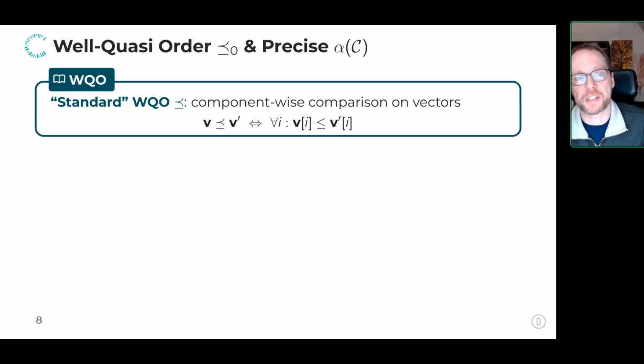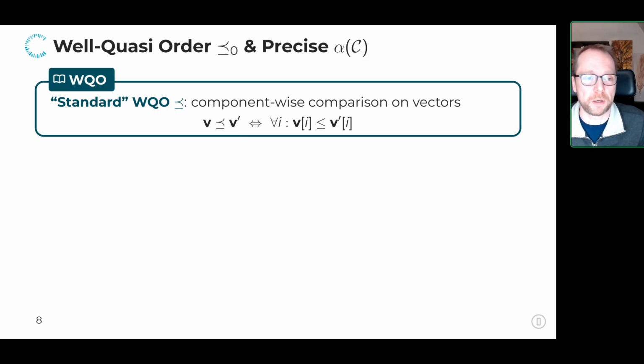And there is like a standard well-quasi order that says, well, a global state v is smaller than a global state v prime if and only if for every position of the vector, the number in that position in v is smaller than the number in v prime. So the number of processes in a local state is smaller in v than in v prime for every local state.